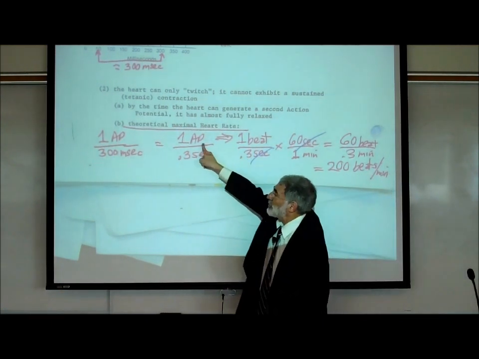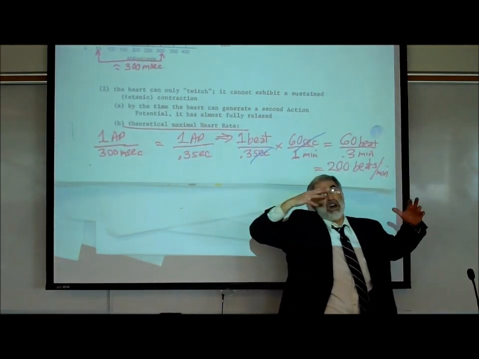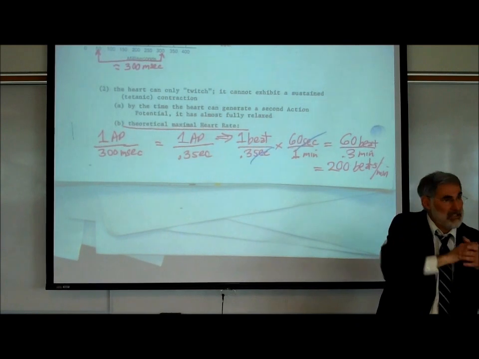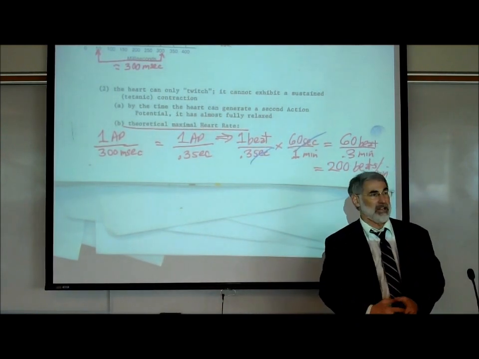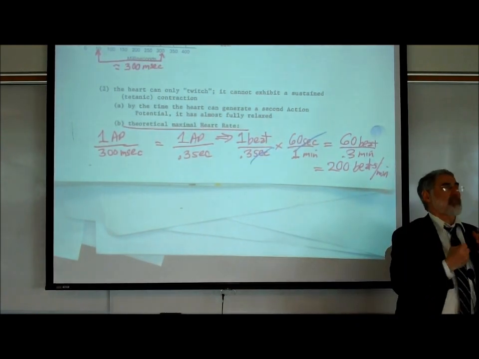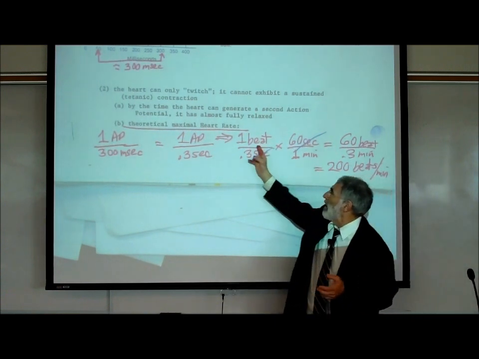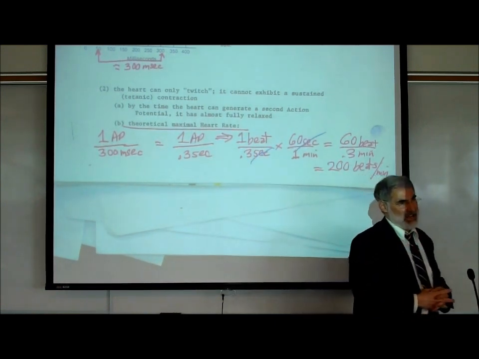Since each action potential is going to cause the heart to beat once, because it just spreads to all the other heart cells, causing the entire heart to contract. So that's up to 1 beat per every 3/10 of a second.